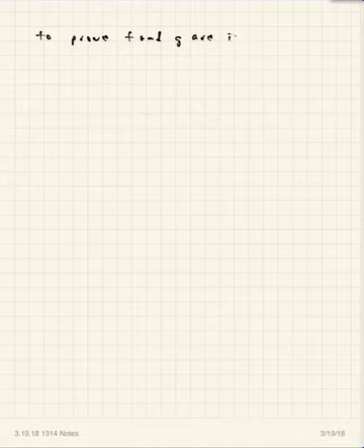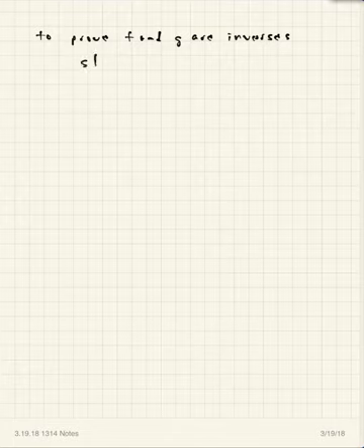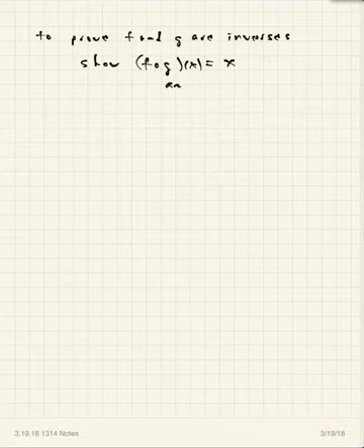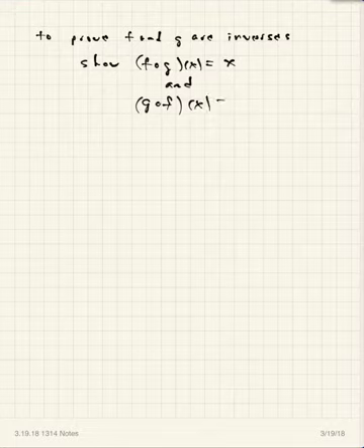And the definition to prove f and g are inverses of each other, there's a way to prove it. You must show that f composed with g of x is equal to x and g composed with f of x is equal to x.